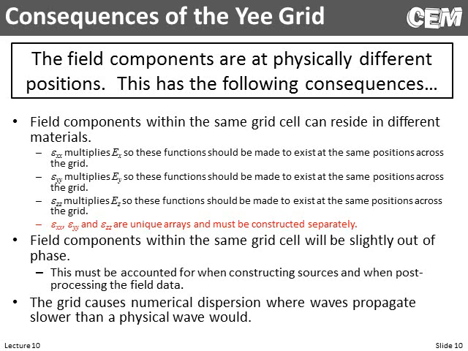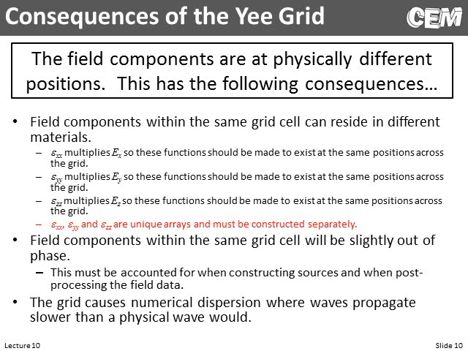Now there are some consequences. I don't want to call these drawbacks, but definitely some things we need to keep in mind. And this all stems from the fact that all of the field components are at physically different positions. So this means if a wave has phase, well, if the field components are in different positions, they will be out of phase.